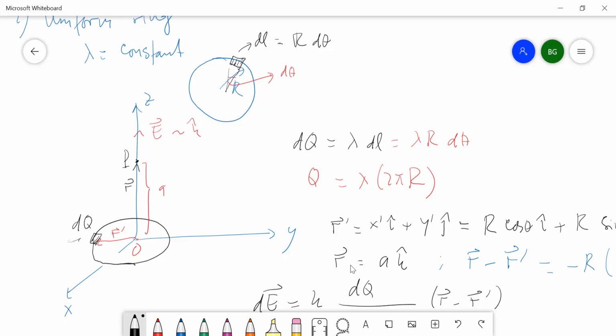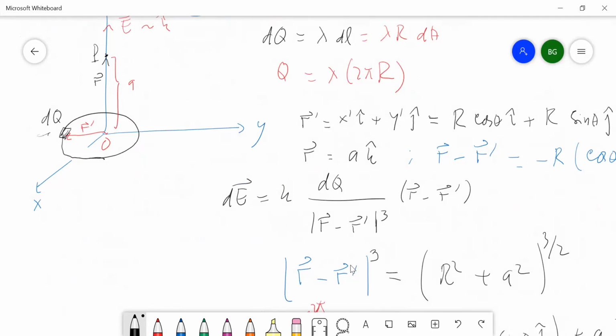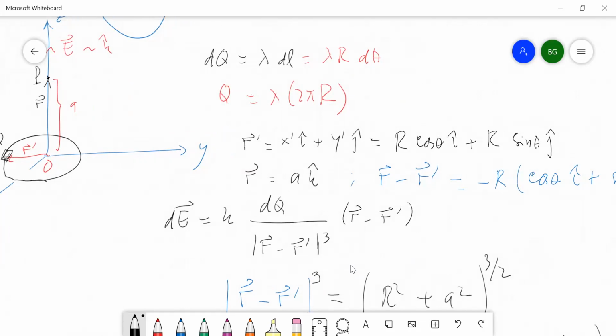Okay, let us continue. So the formula of this electric field, oh yeah, we should first identify the source coordinate.